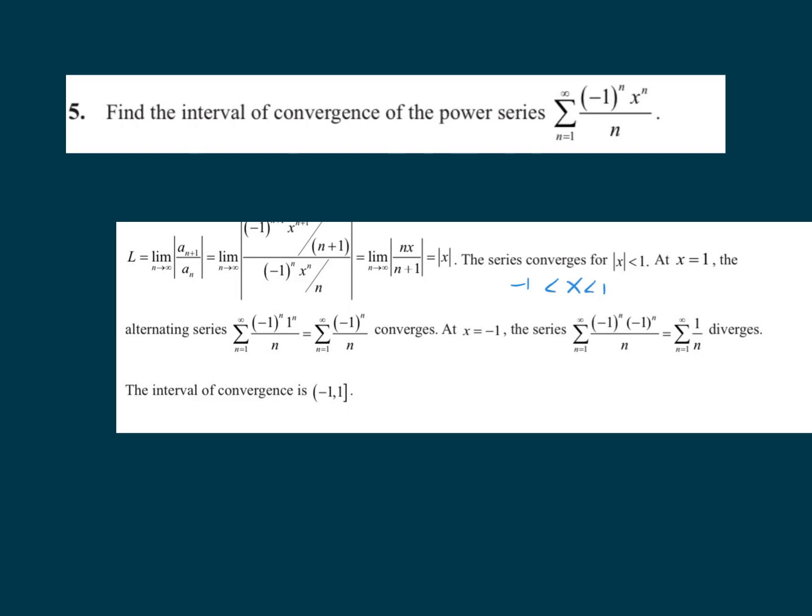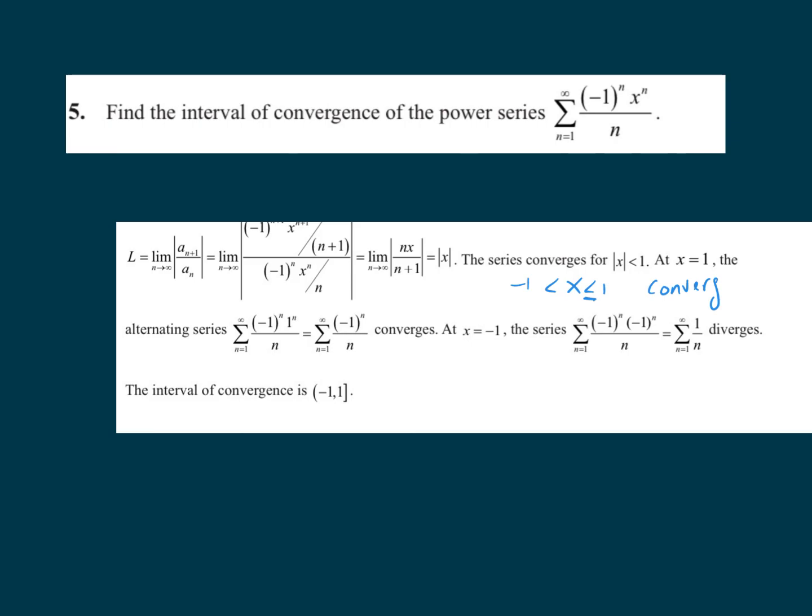Okay, and what happens at x equal 1? At x equal 1, if you plug in the 1, you will have the alternating harmonic series that converges. So at x equal 1, it converges. And when x equals minus 1, will it converge or diverge?